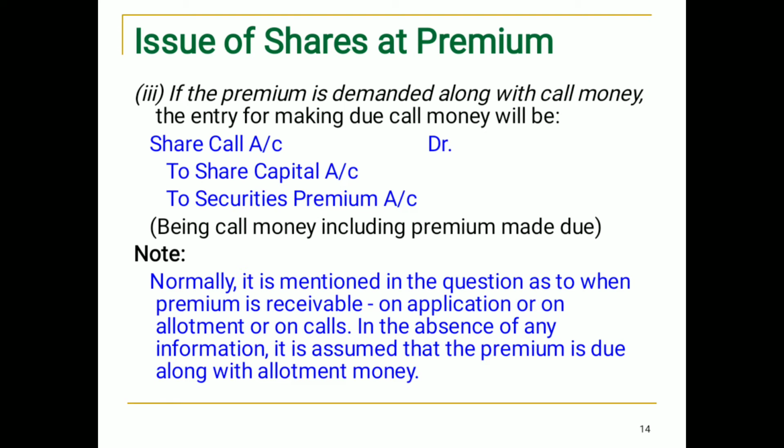So these journal entries are just similar to the previous concept of issue of shares at par, with a very minor change. Other than that, the journal entries are the same. Okay, so let us move ahead.